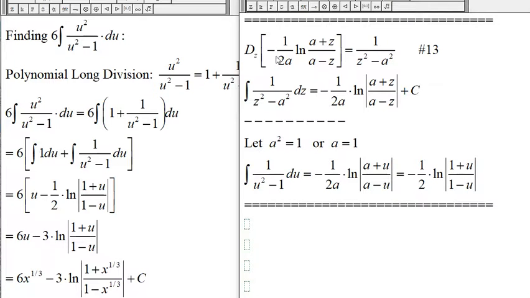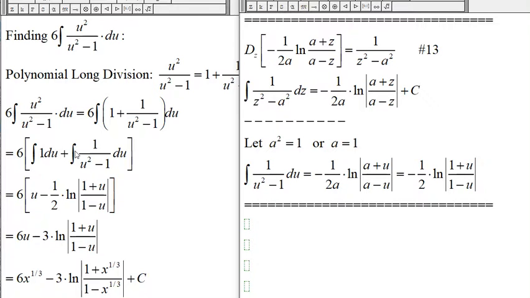Recall the derivative of negative 1 over 2a times the natural log of (a plus z) over (a minus z) is 1 over z squared minus a squared. So the antiderivative of 1 over z squared minus a squared is negative 1 over 2a times the natural log of (a plus z) divided by (a minus z).